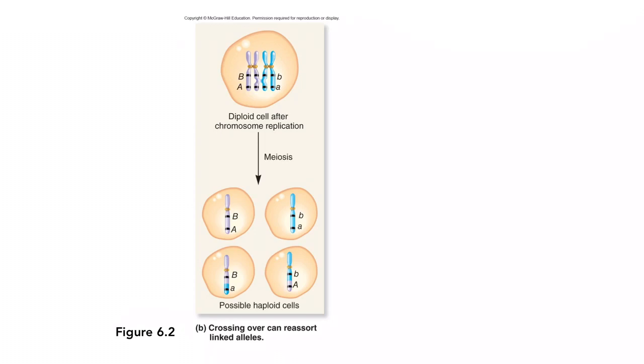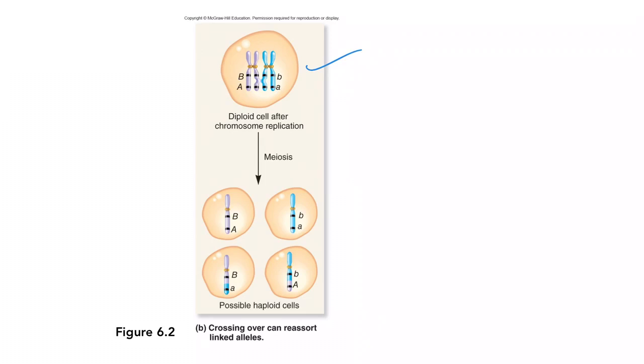Now, in this situation, we get crossing over. We've got ours starting out still with our bivalent. Synapsis occurred, and we see all the possible combinations of these alleles. This is similar to what we would expect under independent assortment.